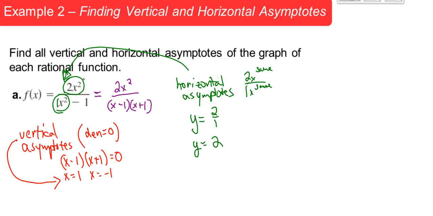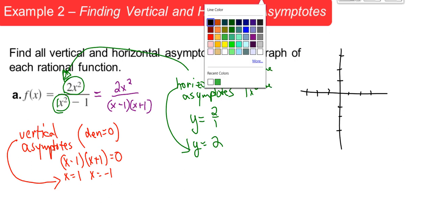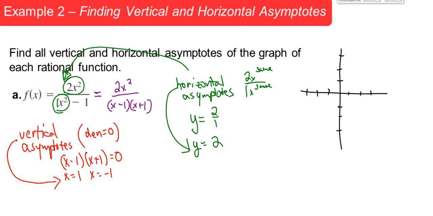So then what does that look like graphically? They didn't ask you to do that. We're done with this for the book authors, but in our future, we have to be able to do more with that. So if these are my axes, and 1, 2, 3 on each side, not super well drawn, I want to draw in my vertical asymptotes at x equals 1 and x equals negative 1.